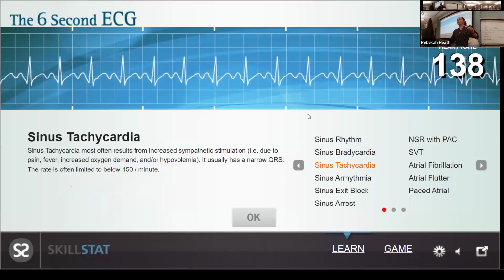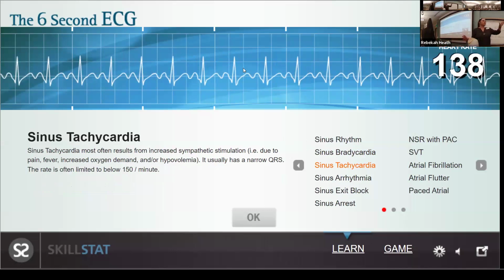Do the words make sense when I say bradycardia is slow and tachycardia is fast? Those are some of the more common prefixes or suffixes, and they will really help you if you remember. Bradycardia is slow, tachycardia is fast. And what's the rate for tachycardia? Over 100.